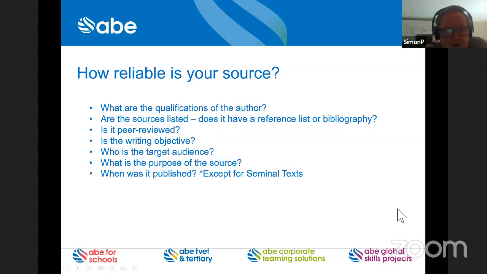Are the sources listed? Does it have a reference list or bibliography at the back? And have a look at the types of articles and books and references that are being cited to give an idea of the spread of information that the author has used. Is the article or journal peer reviewed?